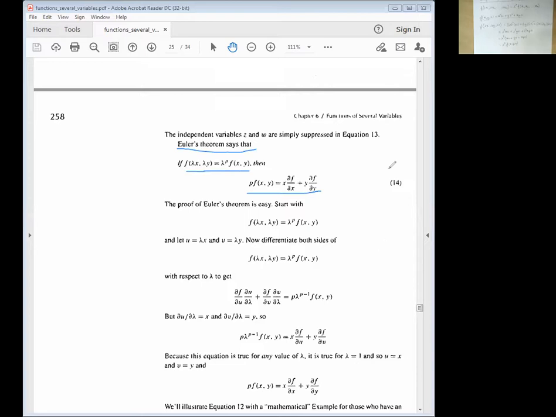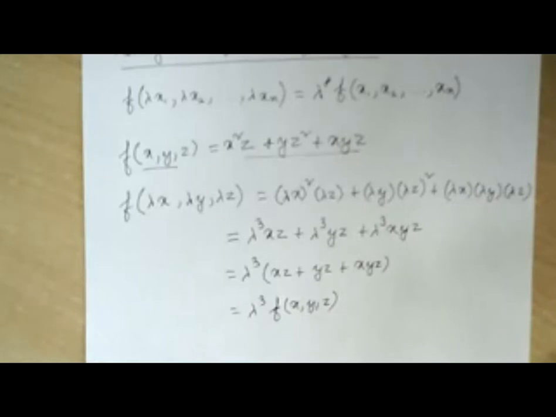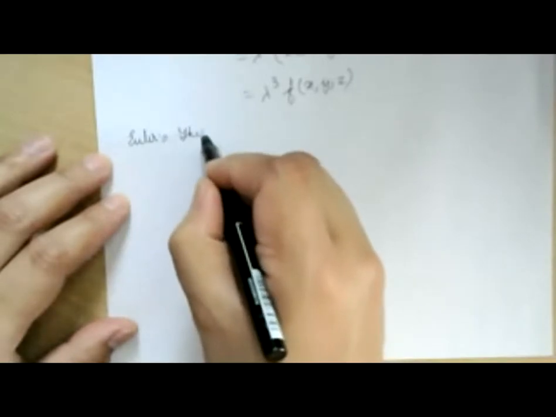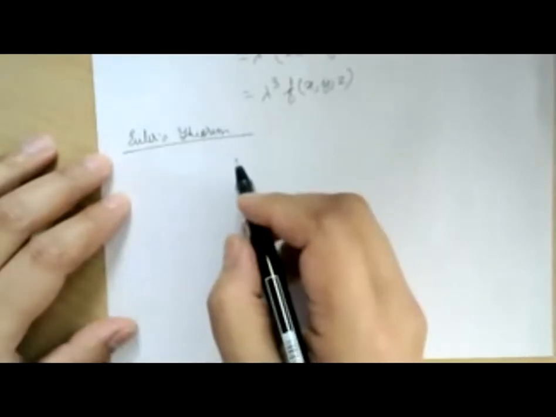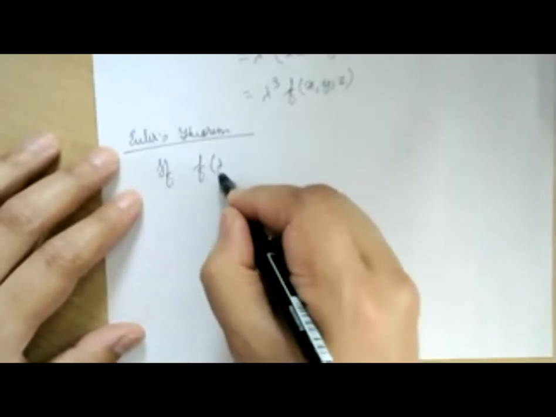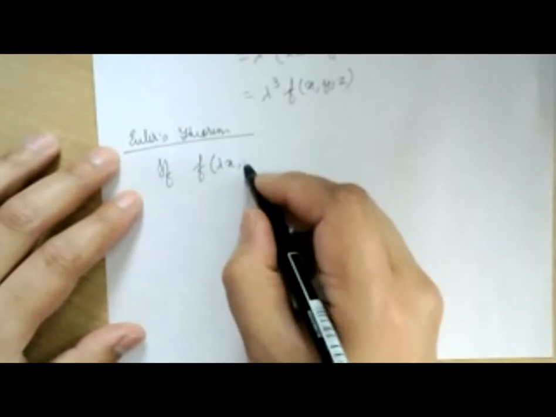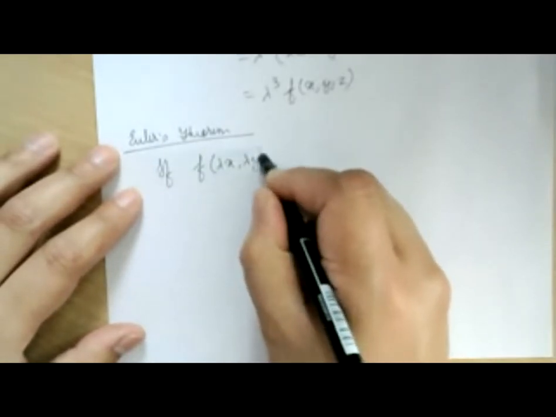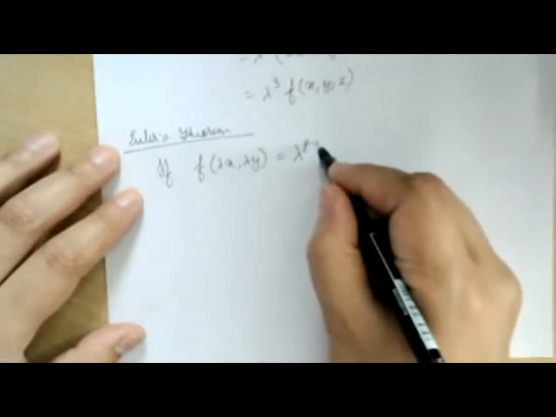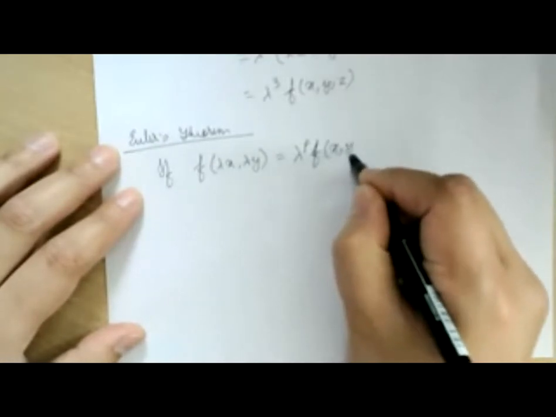Okay, let us stop sharing. Let us see what Euler's theorem says. If f is a homogeneous function of degree p, say f is a function of x and y, say this is lambda to the power p f of x comma y.